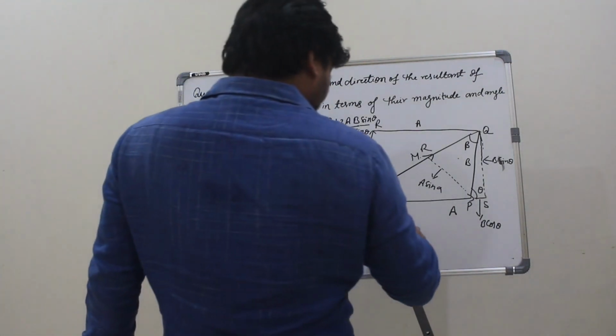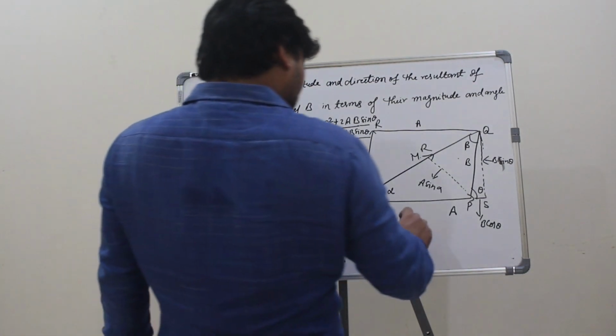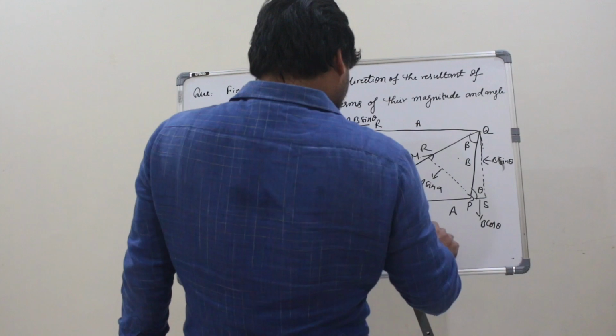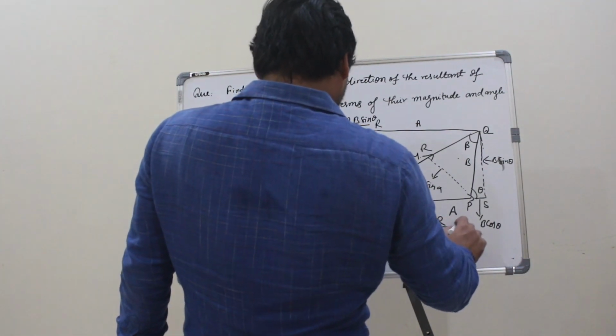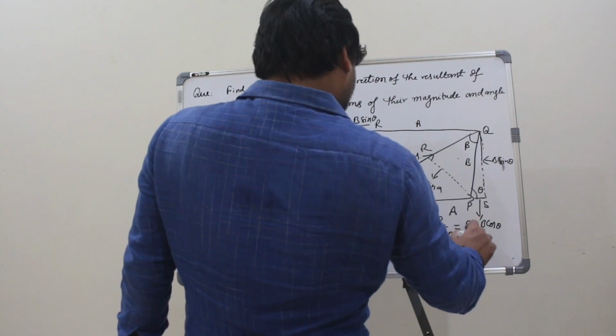It means that A by sin beta equals R by sin theta equals B by sin alpha.